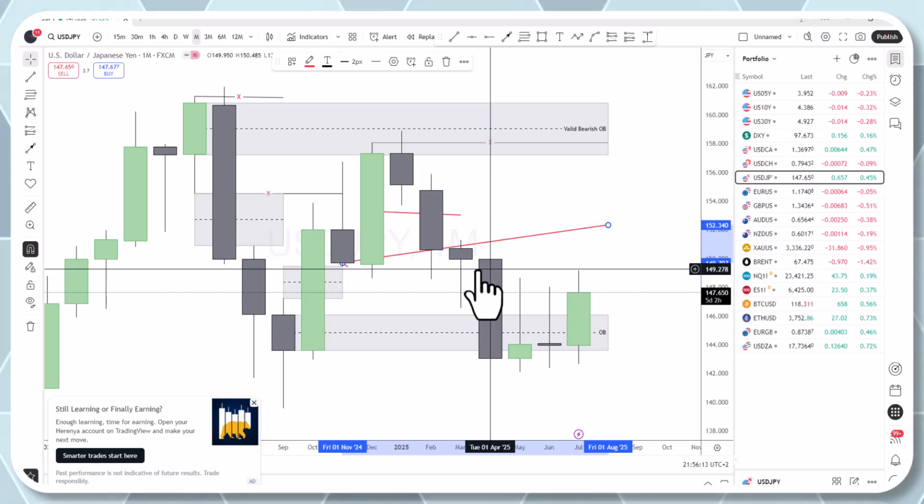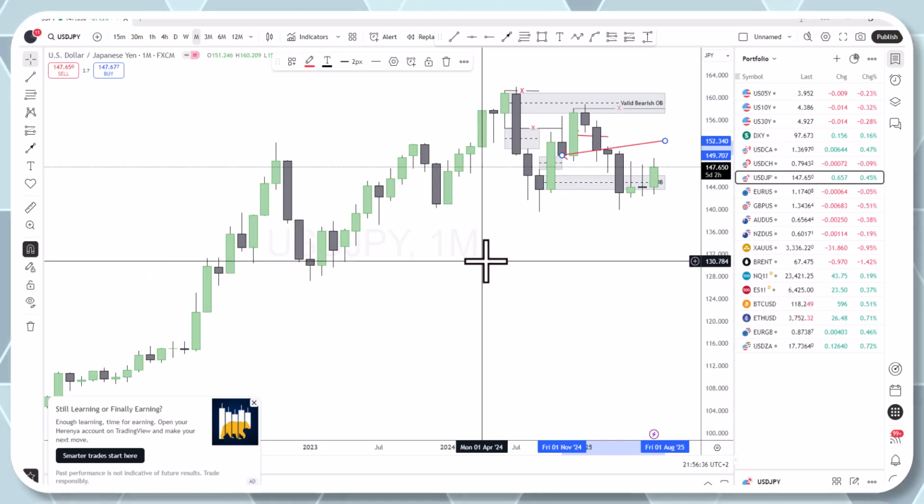Yes, by definition, it's an OB, but it's not meeting the criteria. If your OB doesn't check all the boxes that I've highlighted, skip it, because for me personally, it's just not worth it to take the risk, right?